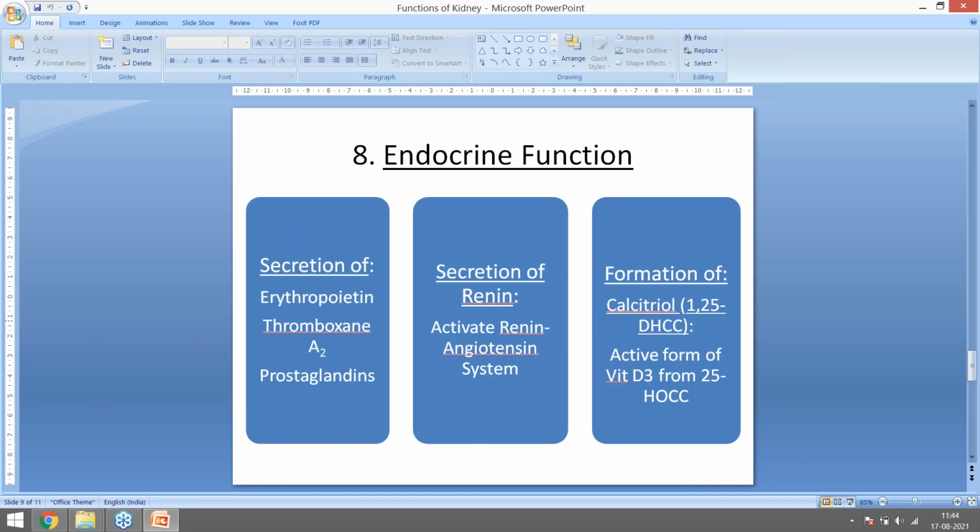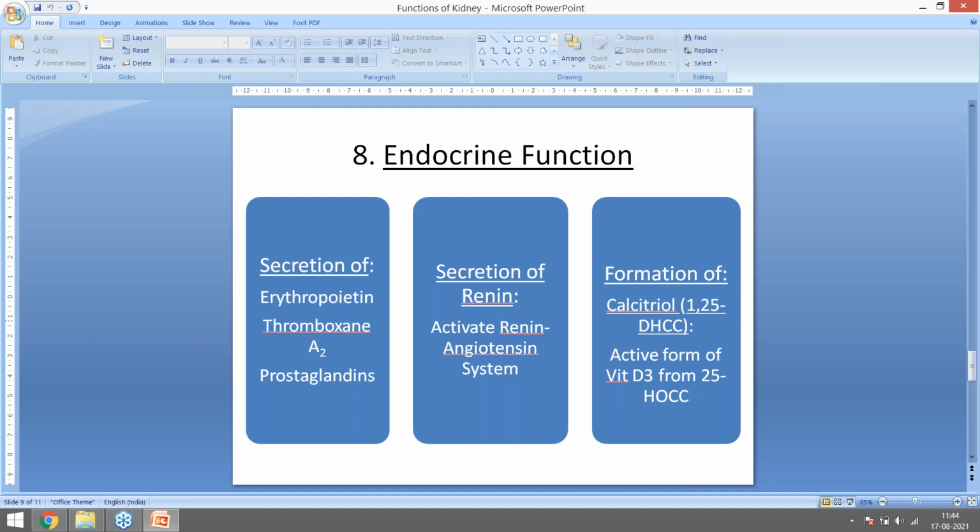Then endocrine function. So I just mentioned to you the secretion of renin, which activates your renin-angiotensin system involved in control of regulation of arterial pressure. And we just spoke about formation of calcitriol, which I mentioned happens because of the second hydroxylation of dietary D3.